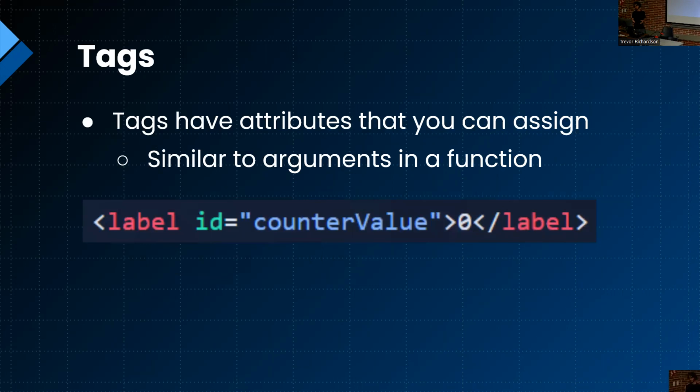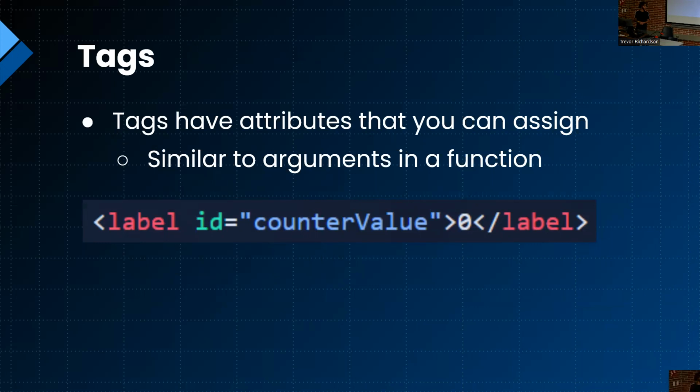Now, this is one example of what a very basic tag can look like. We have the name of our tag here, some attributes for it, and the content that goes inside the tag. Inside the tag, you can nest other tags, like I said, and put all kinds of content in there. One very important thing about tags is that they have attributes that you can assign to them, and they are kind of similar to arguments in a function in programming languages, right?